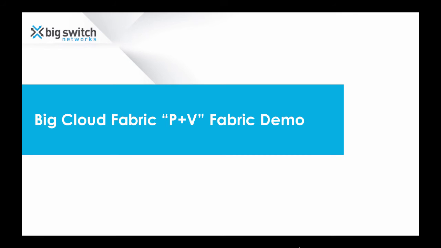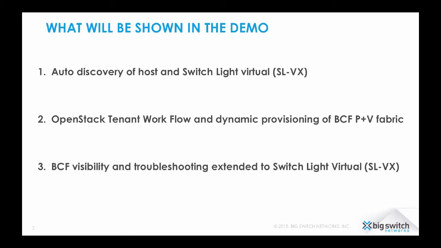Welcome to the video demonstration of Big Cloud Fabric P+V Fabric Edition. I'll be demonstrating Big Cloud Fabric P+V Physical plus Virtual Edition in 3 parts. First, I'll demonstrate the auto discovery of host and the switch light virtual and showcase how BCF controller manages the switch light virtual as part of single unified P+V fabric.